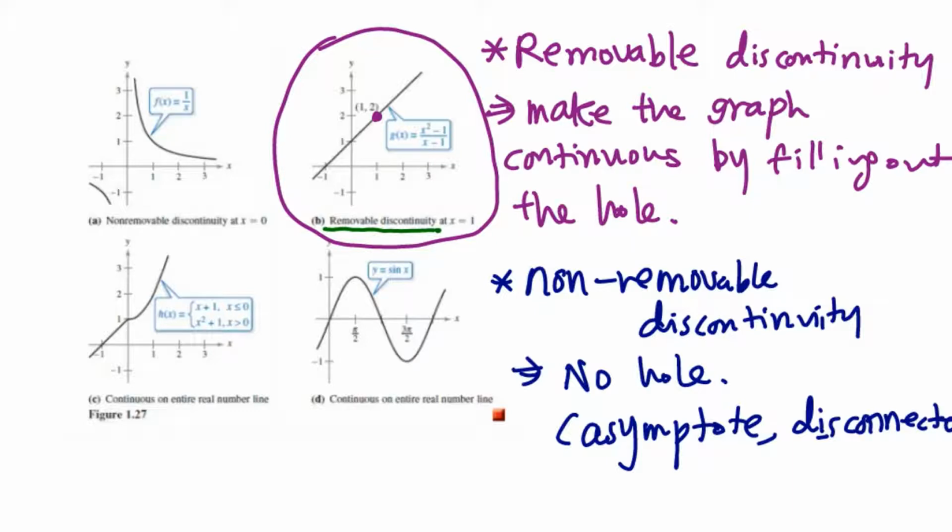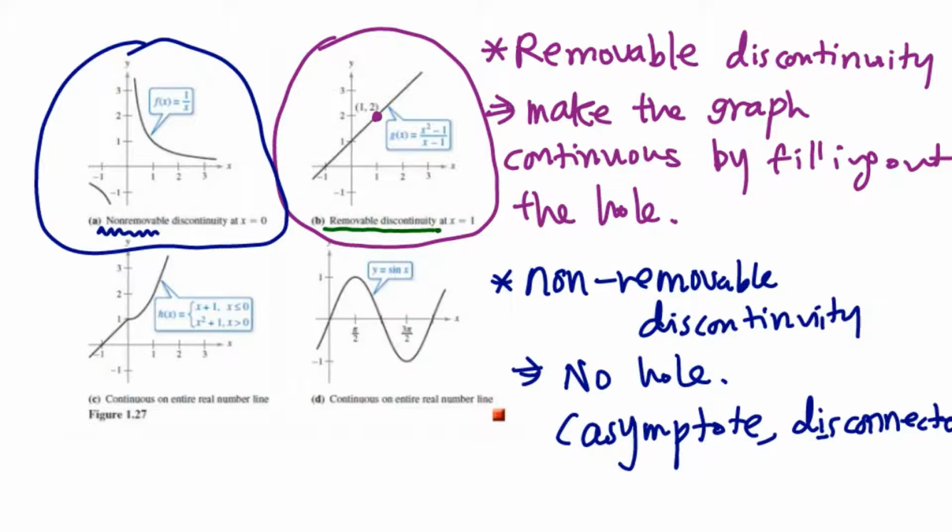We don't know, but you can't make the graph continuous no matter what, because it doesn't have any hole. So in this case, graph A is the case. Graph A is called non-removable discontinuity because it has the vertical asymptote on the y-axis.